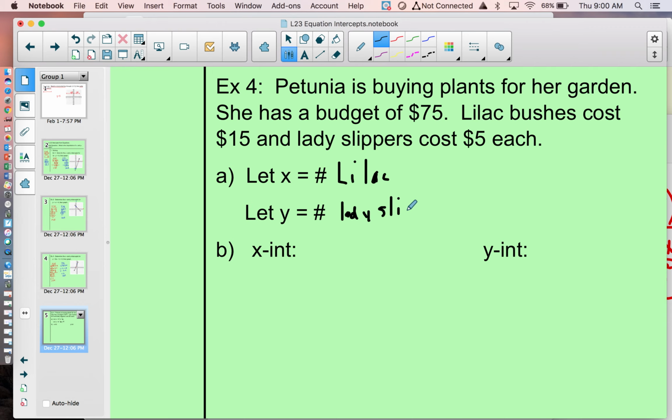Just like yesterday, we're finding the x and y intercept. It's super quick. Okay, we're trying to find lilacs. So how many lilac bushes can you get for $75? Well, they cost 15 each.